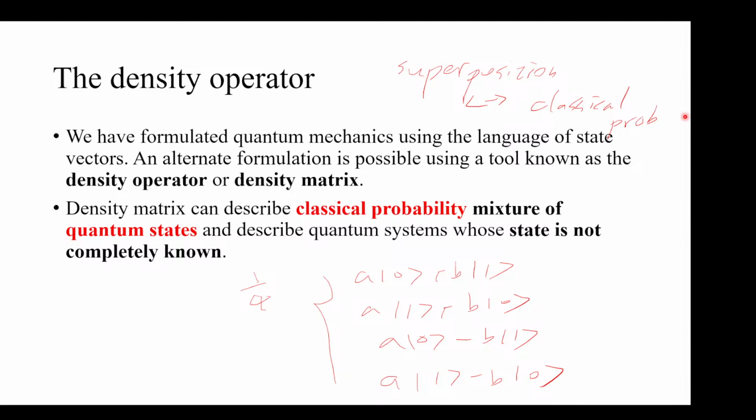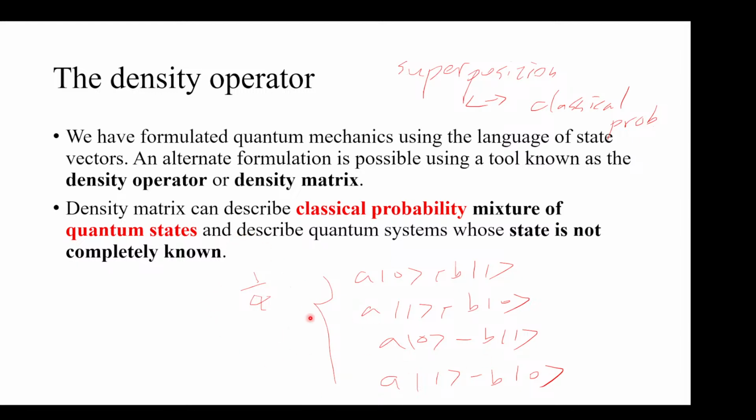In particular, you can see in the homework or an example we'll do later that we are not really doing a superposition of those four things. Putting those four together in superposition is not the same as the classical probability mixture of those four states. What we want to do now is describe this probability mixture of quantum states.